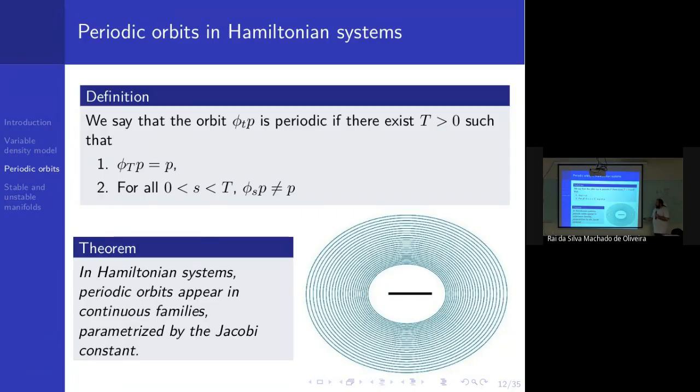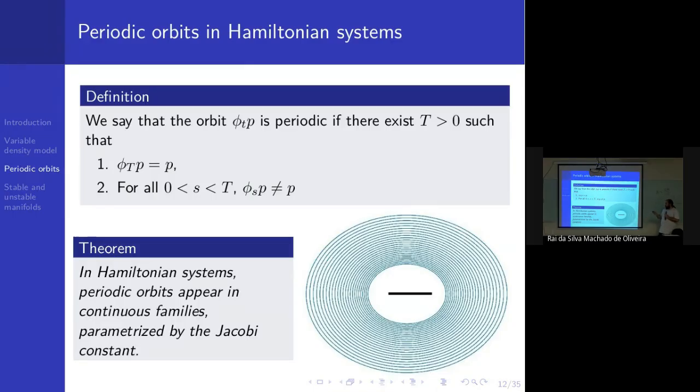In a Hamiltonian system or conservative system, which is the one we have, periodic orbits appear in continuous families, okay? So this indeed is like a continuum, like a disk, okay? But I only represented some of them.